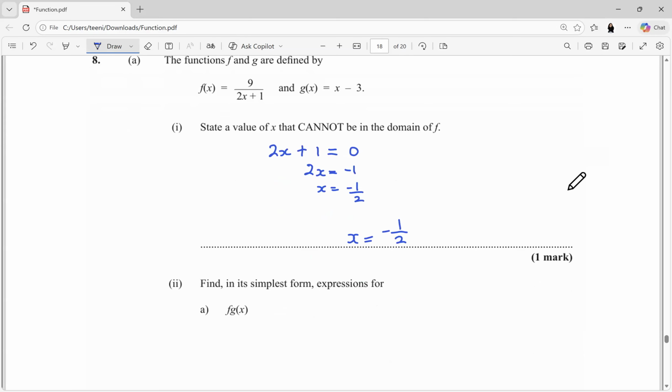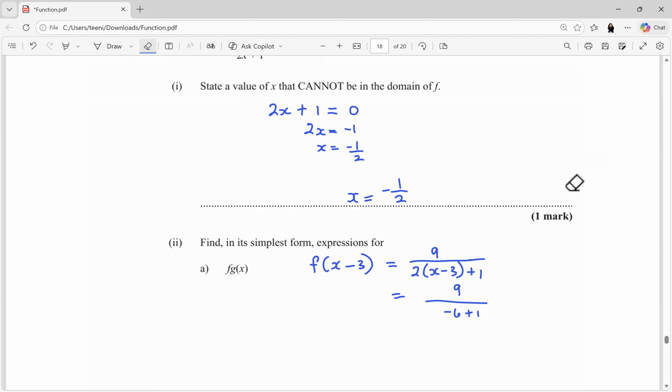Find in its simplest form expressions for f of g of x. So we're going to substitute g of x into f of x. So f of g of x will be f of x minus 3. So that would be 9 over 2 times x minus 3 plus 1. That gives me 9 over 2 times x is 2, 2 times negative 3 is minus 6 plus 1.